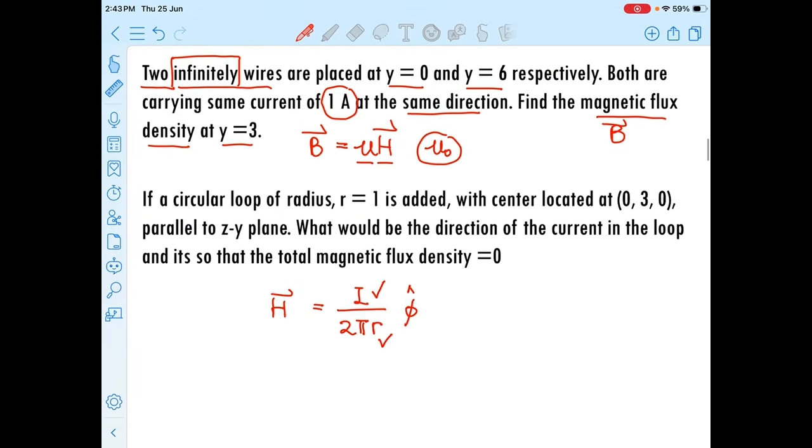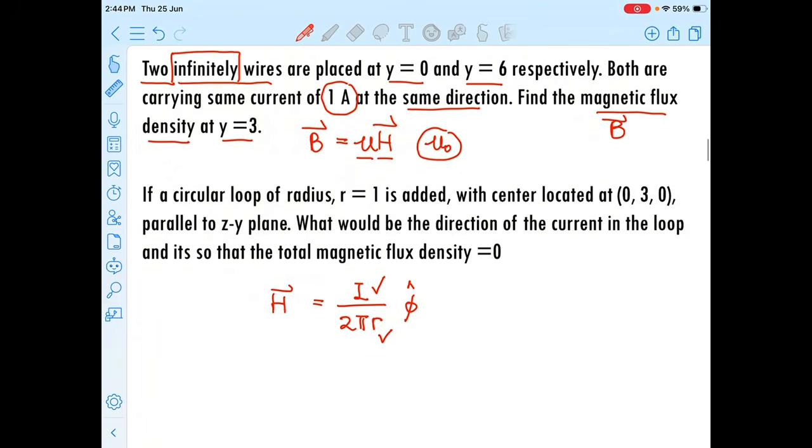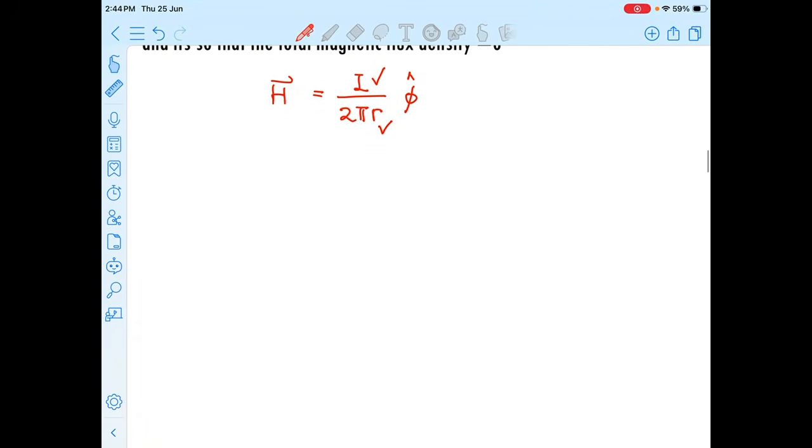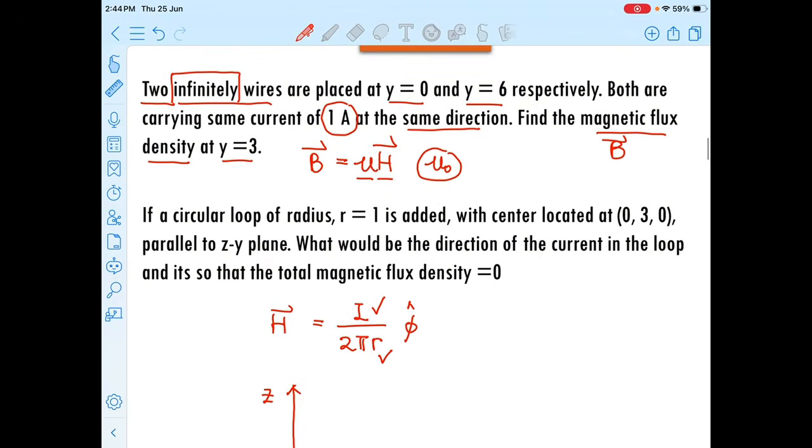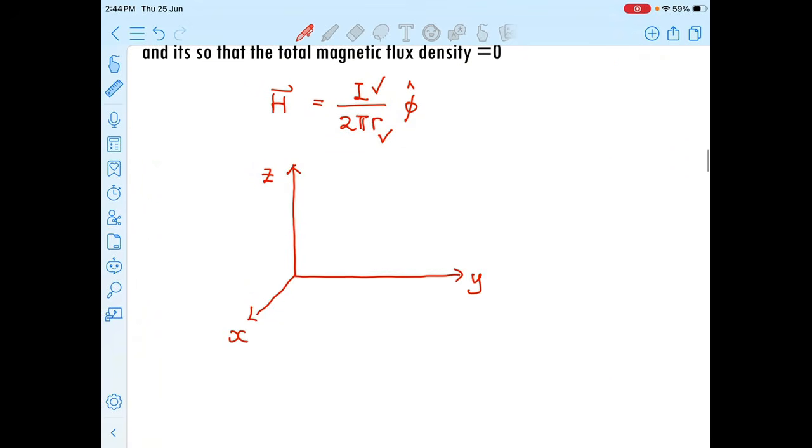So first of all, we have to do the drawing. We have to draw out the wires. So now let's say this is your 3D coordinate system, with the x-axis, z-axis and y-axis. Where are the wires located? The wires are located at the positions y equals 0 and y equals 6.